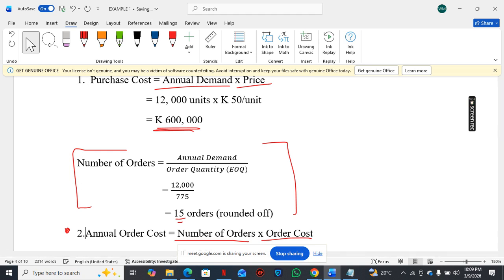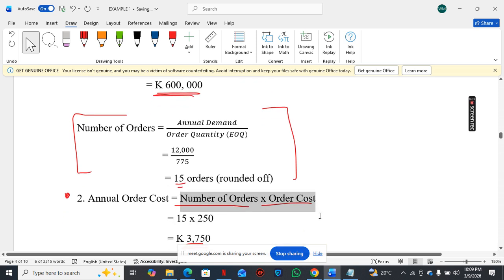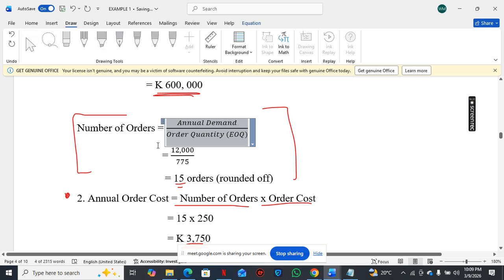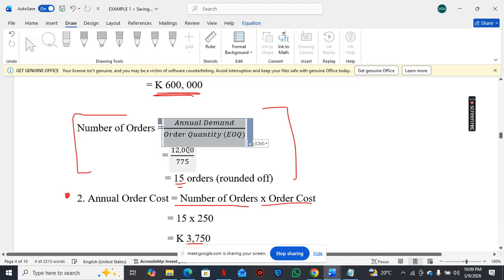The second material cost is the annual order cost, which is your number of orders multiplied by the order cost. Okay. So we need to get our number of orders. The number of orders is just your annual demand over your order quantity. In a year we need 12,000 units.